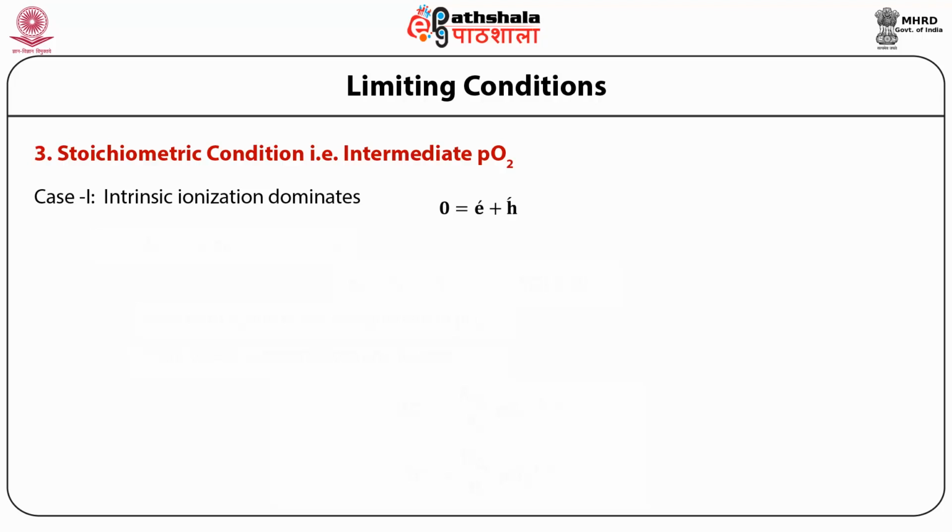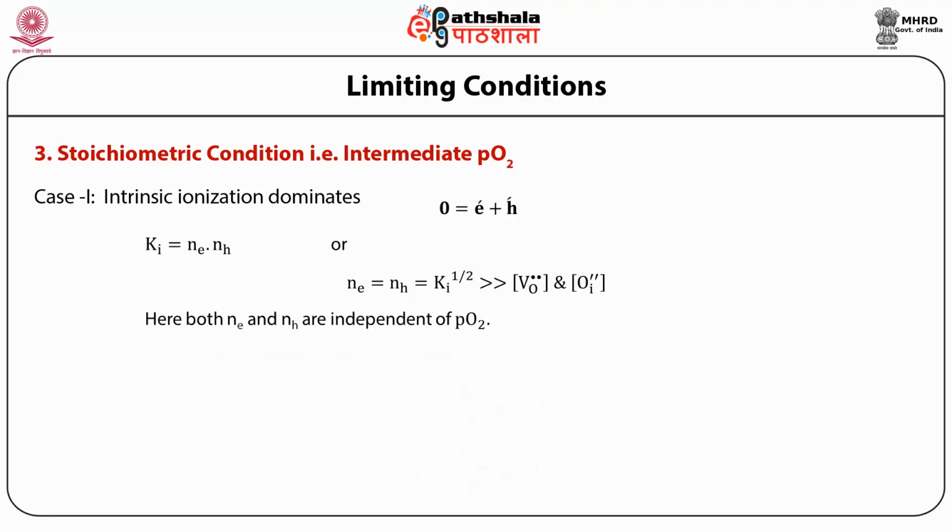So the defect reaction is O gives one electron and a hole, and the corresponding reaction constant can be expressed as Ki, which is equal to Ne times NH, or Ne is equal to NH, which is equal to Ki to power 1 by 2. So Ki to power 1 by 2 comes out to be very much greater than the concentration of VO double dot and OI double prime.